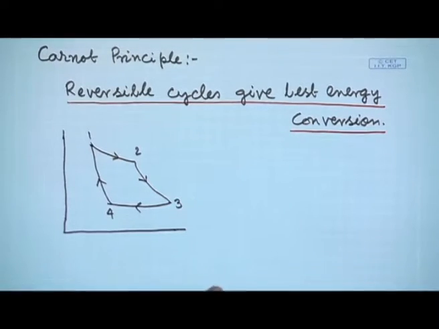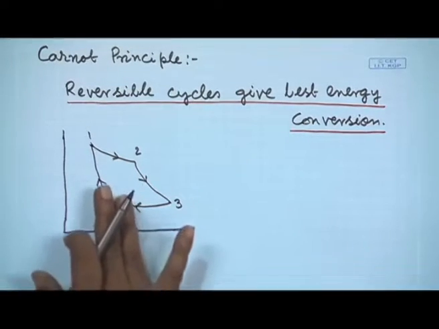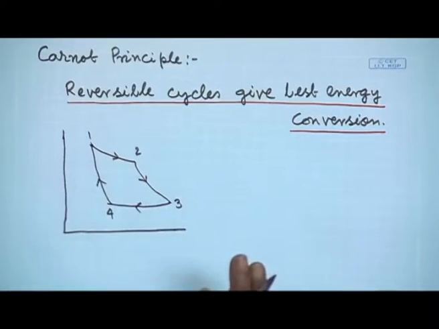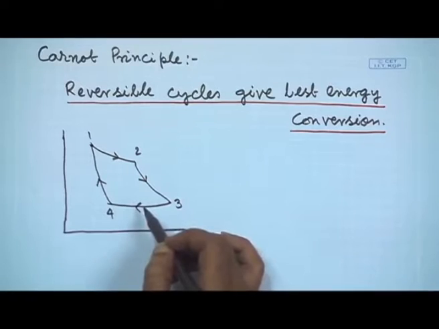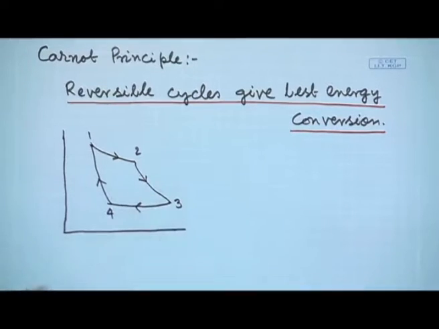A reversible cycle means that all the processes are reversible, and if all the processes are reversible, then the direction of the cycle can be reversed. And if we reverse the direction of the cycle, then there will not be any change elsewhere, neither in the system nor in the surroundings. So, here the concept of reversibility is coming.